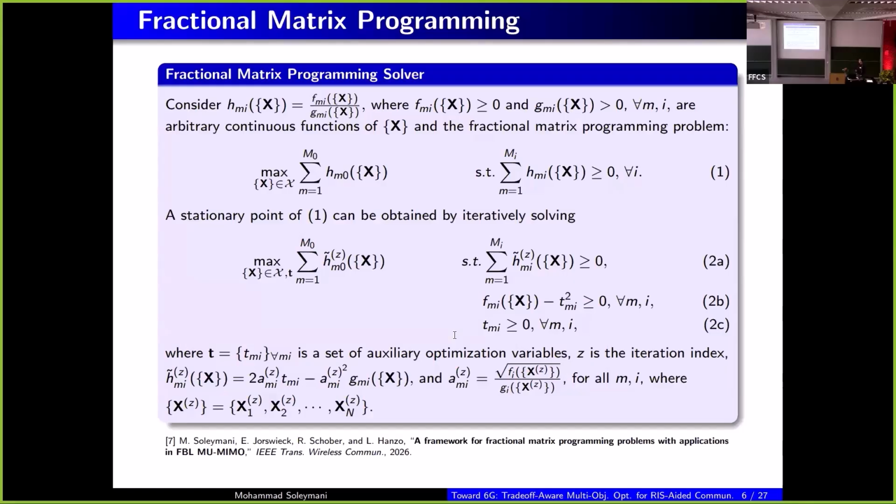For the others, what we propose in reference number 7 is actually two different solvers for both maximization and minimization problems. Whenever you have a complicated fractional programming problem where, for instance, the objective function is a summation of multiple ratio functions, and also you have some constraints, then it would be a very difficult problem.